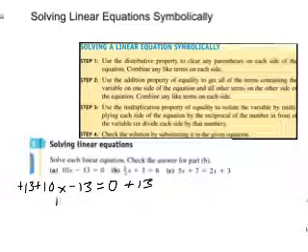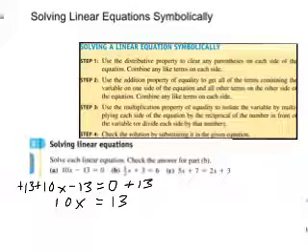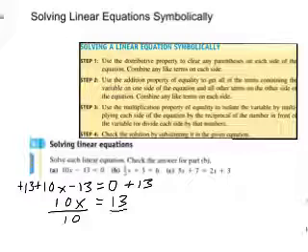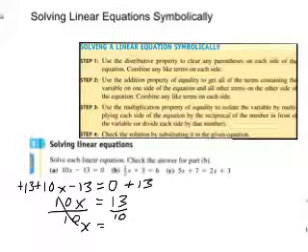So we have 10x equals 13. Now we'll divide both sides by 10. And the 10's cancel out. Or if you divide the top 10 by 10 and the bottom 10 by 10, you get 1x, or x. So x equals 13 tenths.